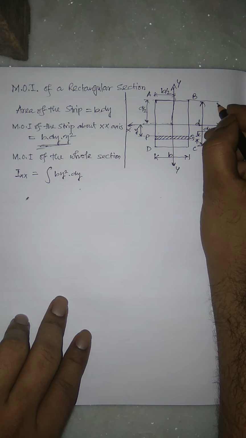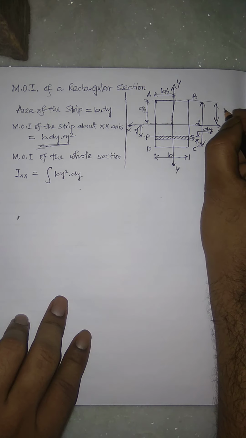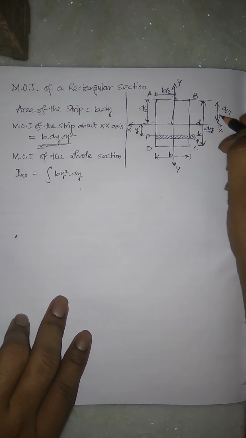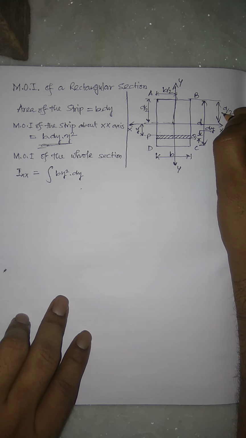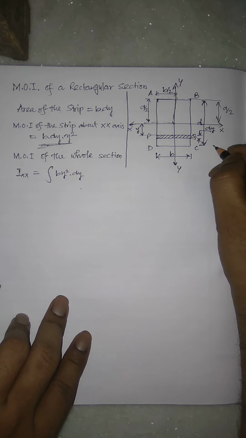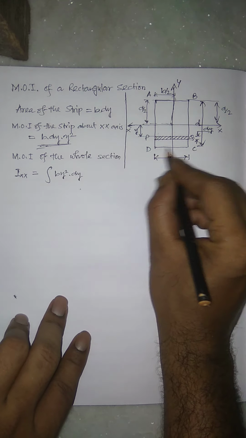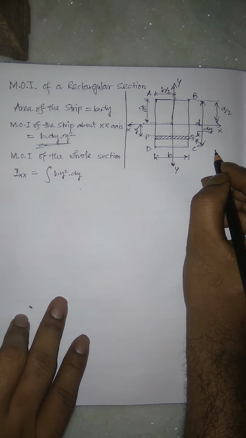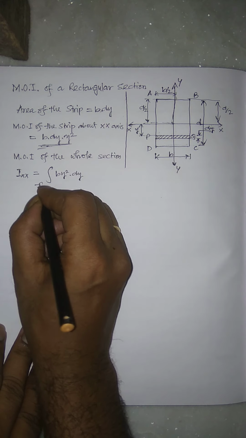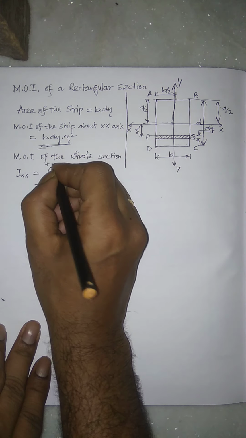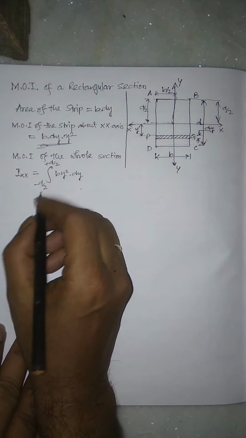This is the upper side of the x-axis, so it should be plus d by 2. Similarly, the lowermost section should be at a distance minus d by 2 from this axis.